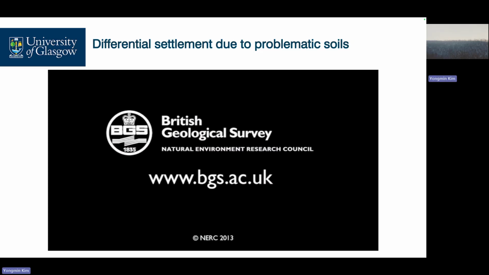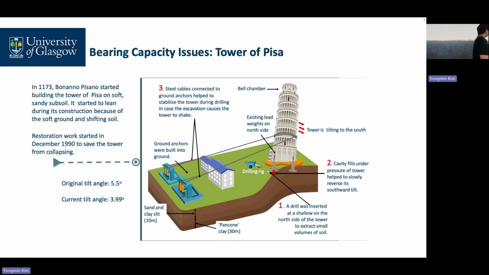Pulling up and then we force the house to go back to the original place. This is the way the Tower of Pisa is being recovered. Tilted. Wow. This one is tilted. This is low, this is high. And then we drill a hole and remove some part of the soil.